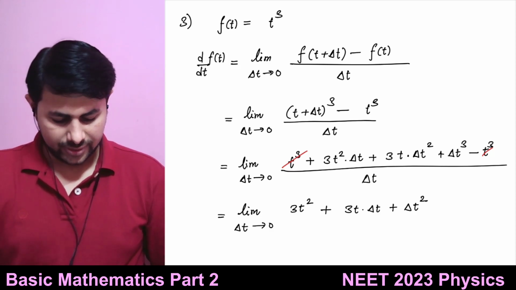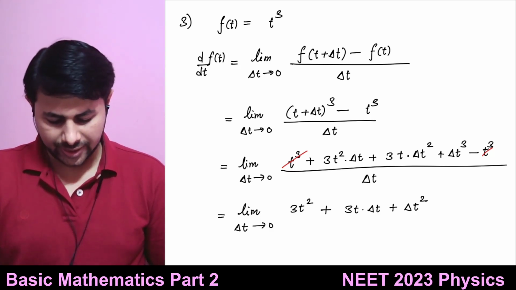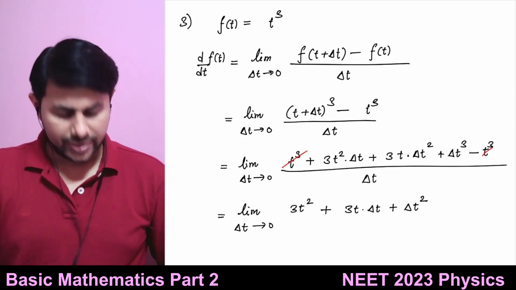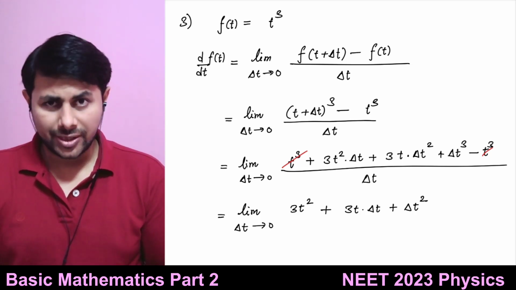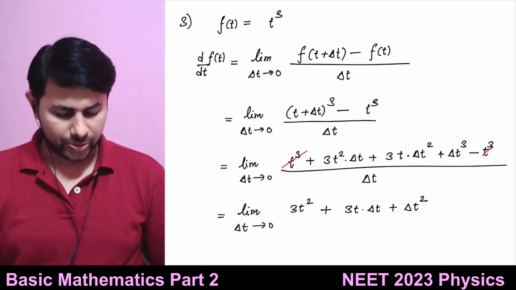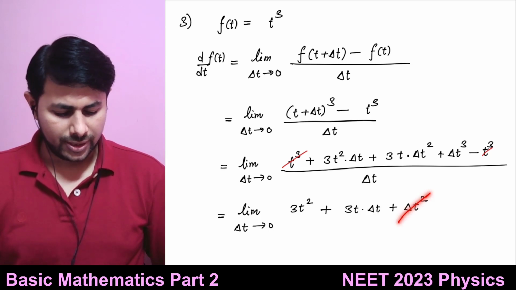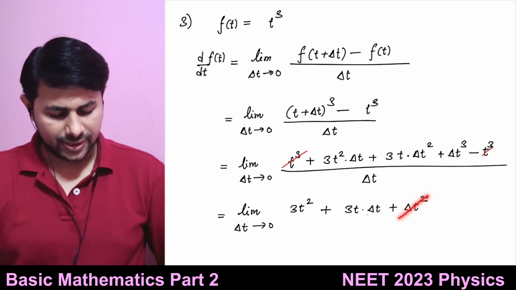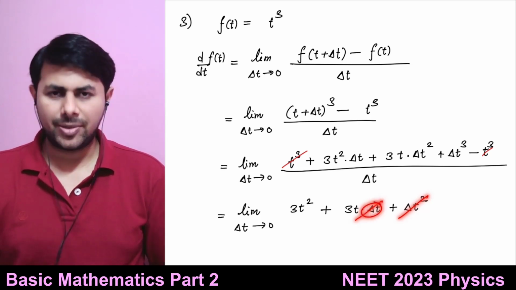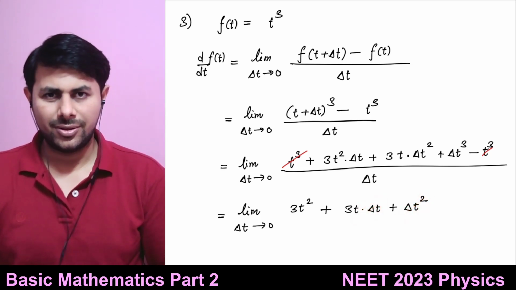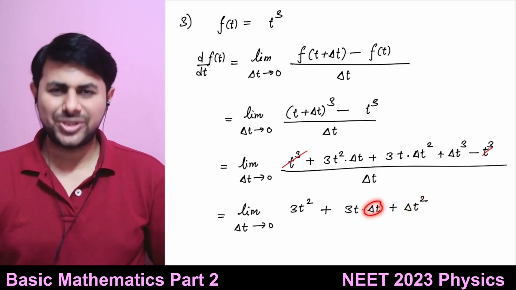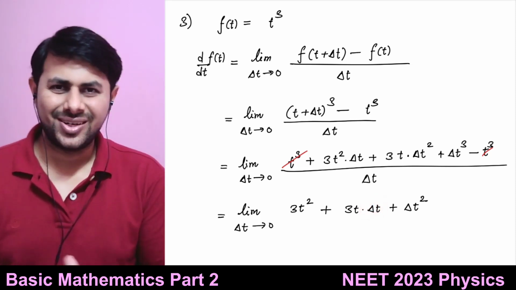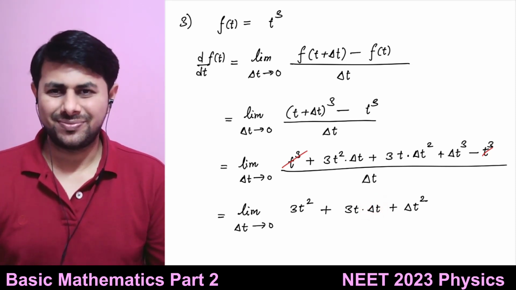And now in the final step we'll say that delta t is so small that it approaches 0, and we'll neglect these terms, because almost 0 multiplied by any number will give you almost 0.